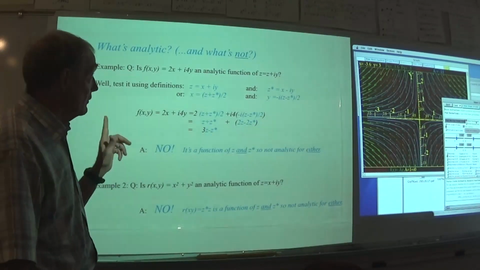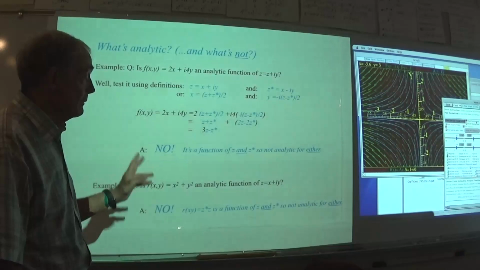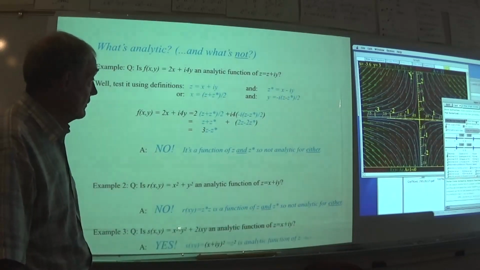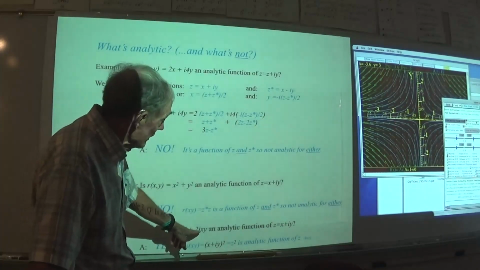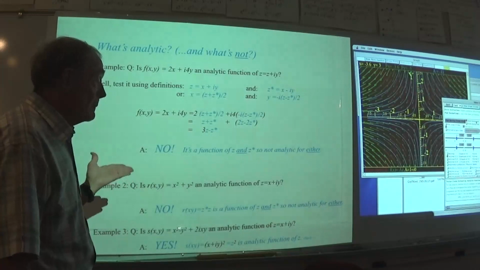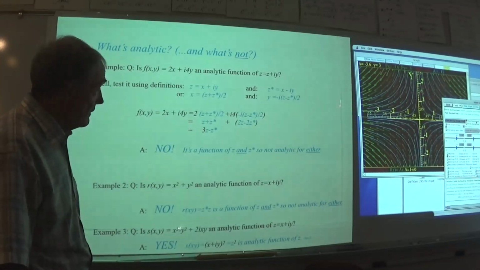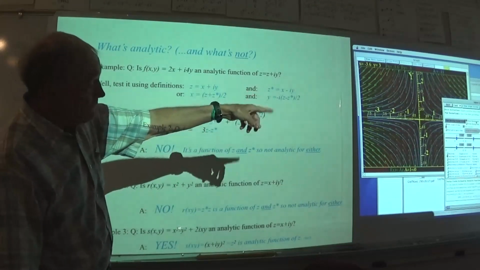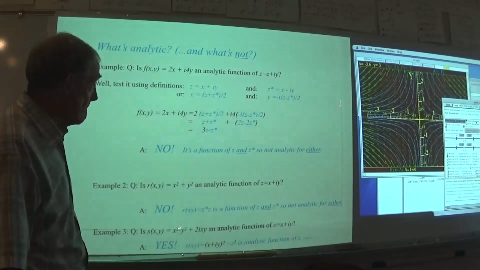Okay, that's the key to the idea of analytic. And Riemann-Cauchy relations will not work for any of these. Now, the one that we just worked with, x squared minus y squared plus 2ixy, we came about that one honestly. That is an analytic function of z. So that was our field. If you plot it, you get this particular diagram.